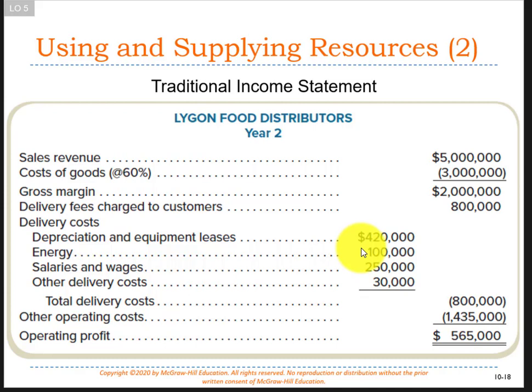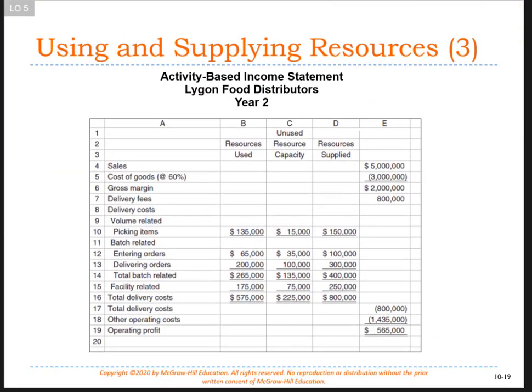And so we've broken them down into 4 pieces, right? When we want to focus on something, we want to break it into smaller pieces so we can better understand what's going on. So when we start looking at the delivery costs in detail, and the activities, we realize that, yes, we spent $150,000 on people to pick items.